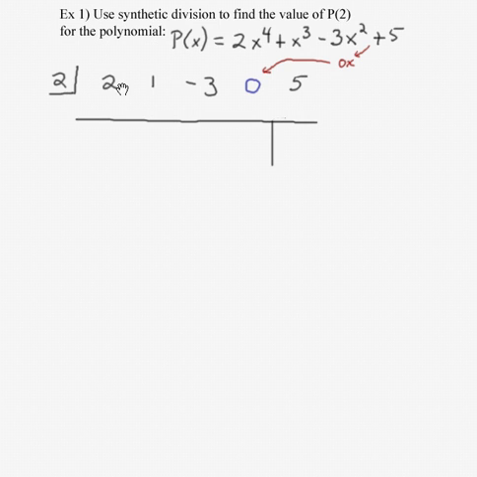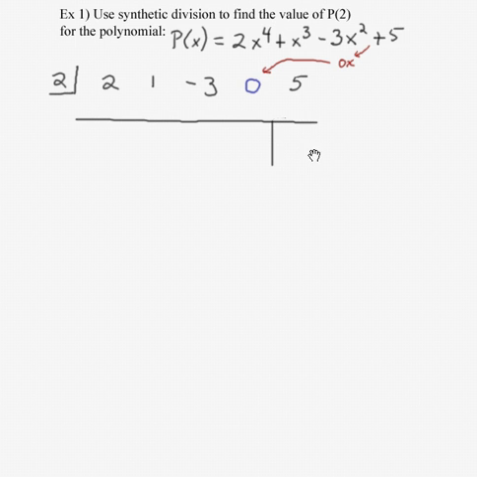So 2x to the 4th, taking the coefficient 2, then 1 for x to the 3rd, negative 3 for x squared. There's no x to the 1st, so I need a placeholder of 0, and a constant of 5. Leave room for a row of numbers, draw a line between my last two coefficients, and draw a perpendicular line. Everything to the left below here is the quotient.